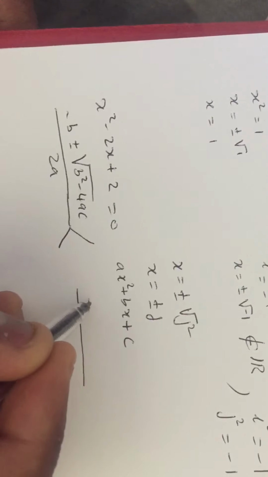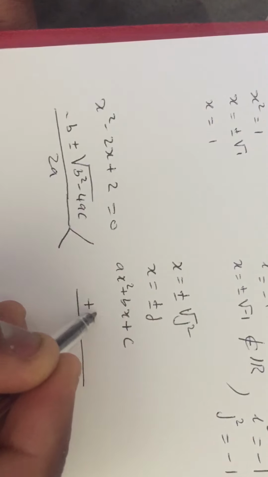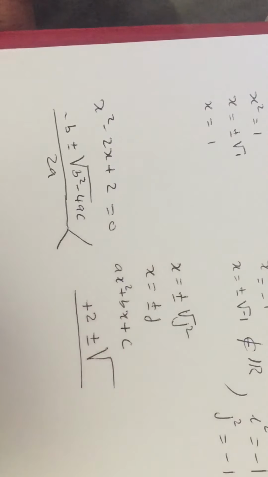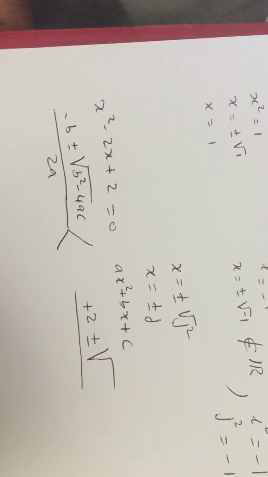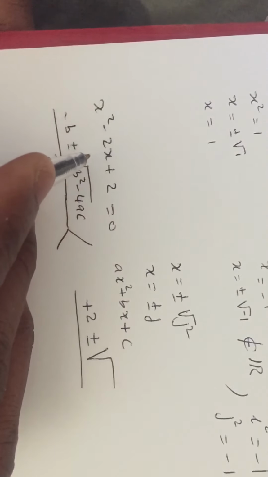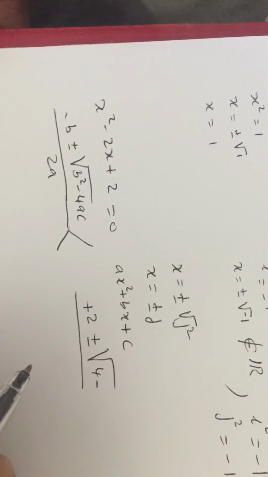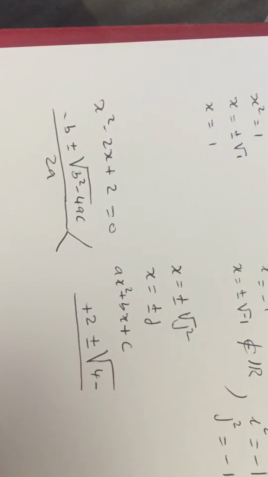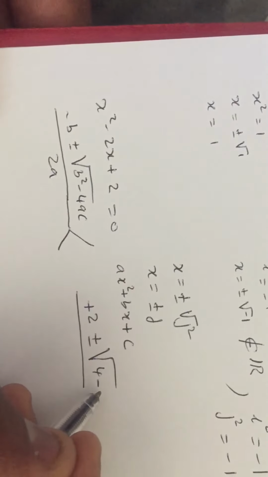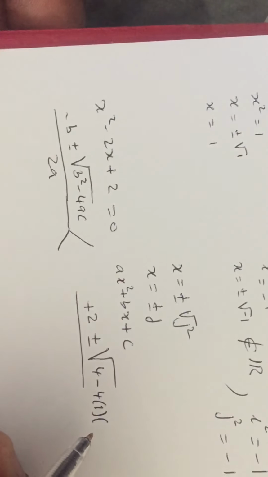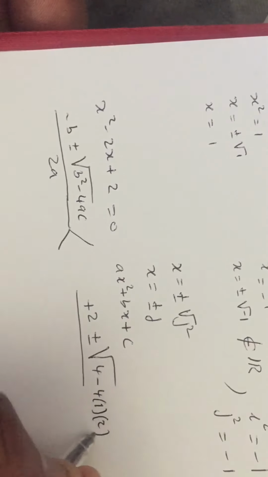Minus b is going to give me positive 2, all right? Plus or minus square root of, what is b squared? b squared will be minus 2 squared, which is 4, minus 4 times a, which is 1, and c, which is 2, all right?